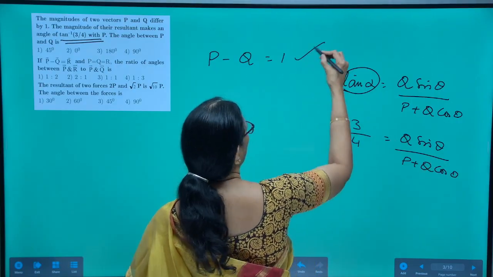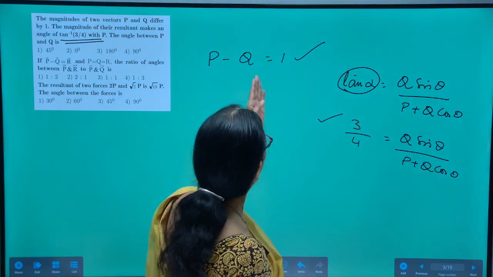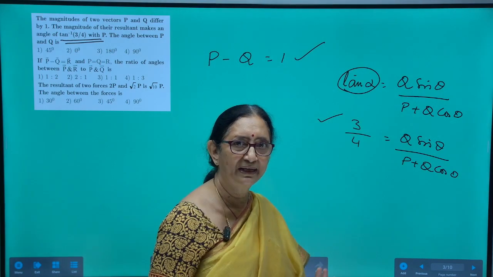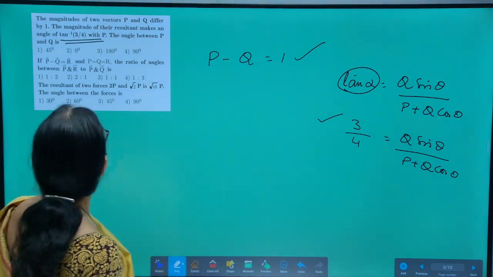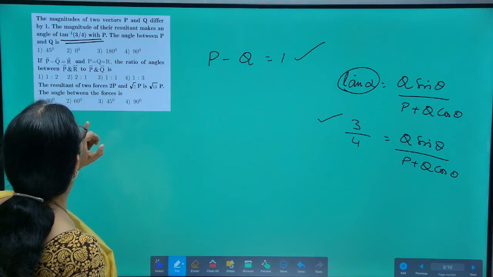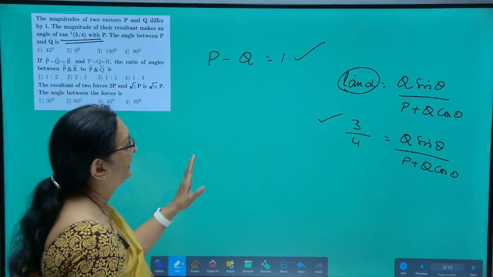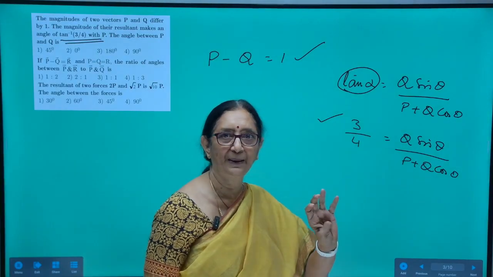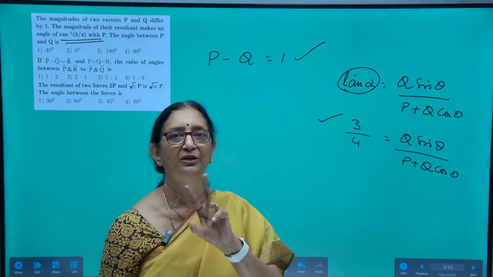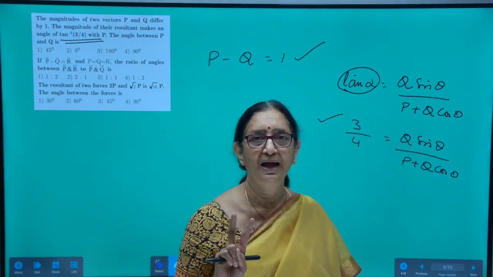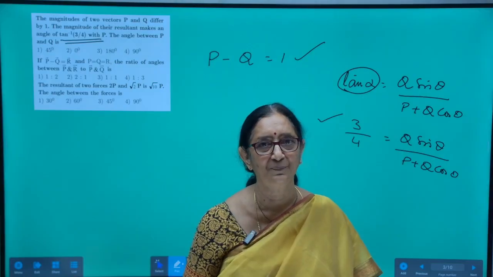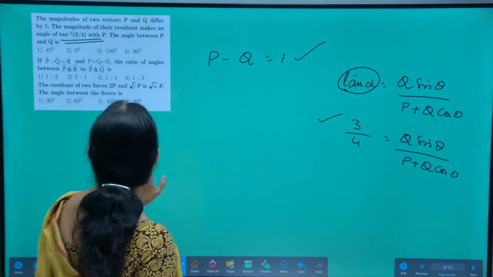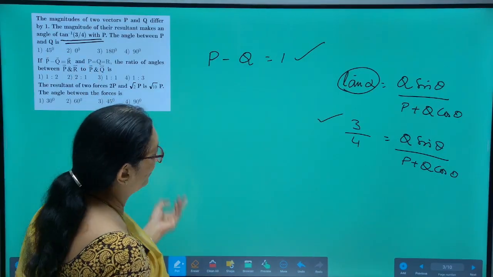So, by solving those two we can find out the angle between them. But the problem is, you have three unknowns P, Q and theta, but two equations. With three unknowns and two equations, it is not possible. Simply by substituting the values we can say.